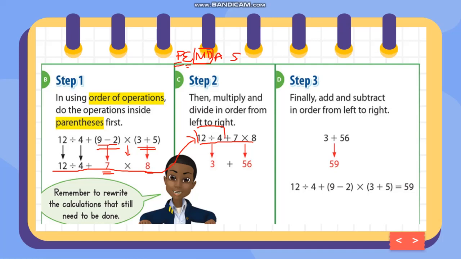So after division, that's the time that we're going to multiply. 7 multiplied by 8, which is 56. Then add 3 plus 56. So the answer is equivalent to 59. So finally, after adding and subtracting in order from left to right, the answer now is equivalent to 59.